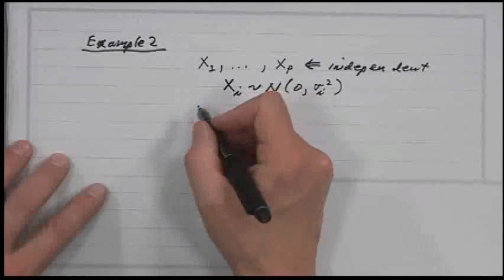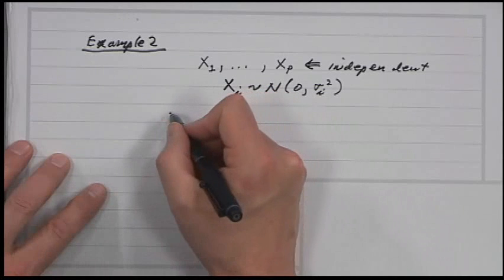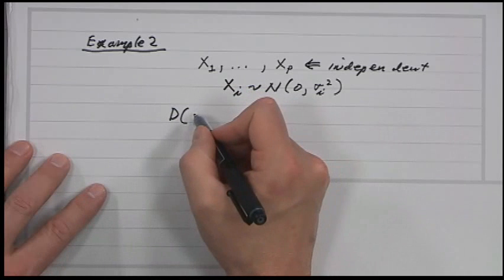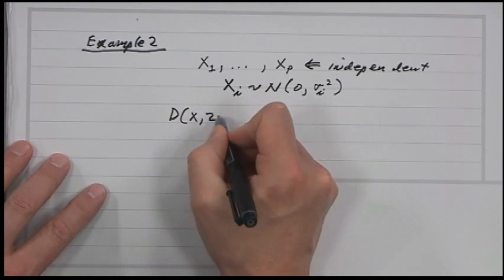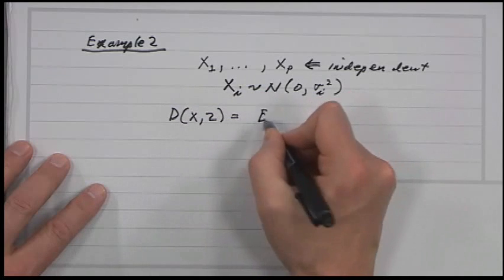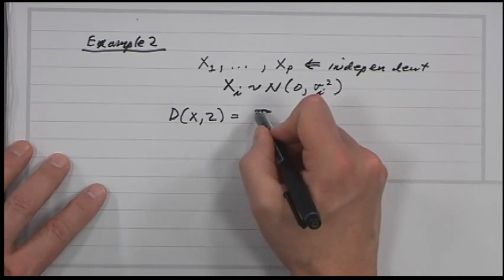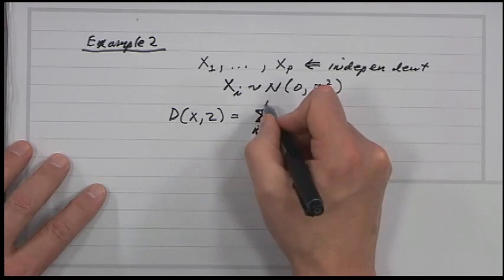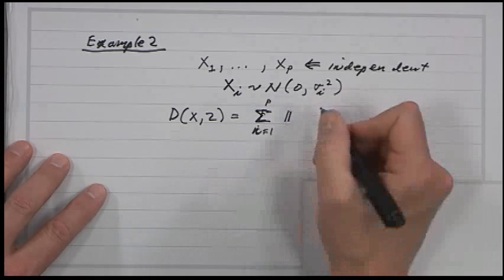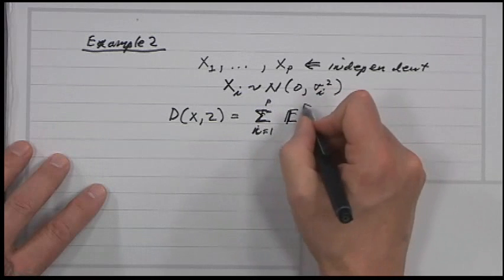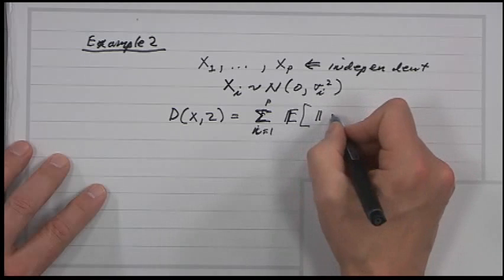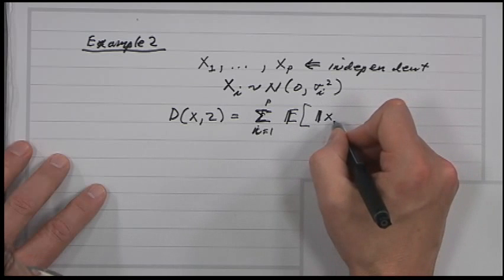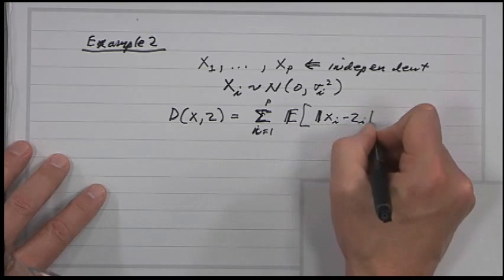So the distortion is going to be d(X,Z), equal to the expected value of the sum from i equals 1 to p of (xi minus zi) squared.